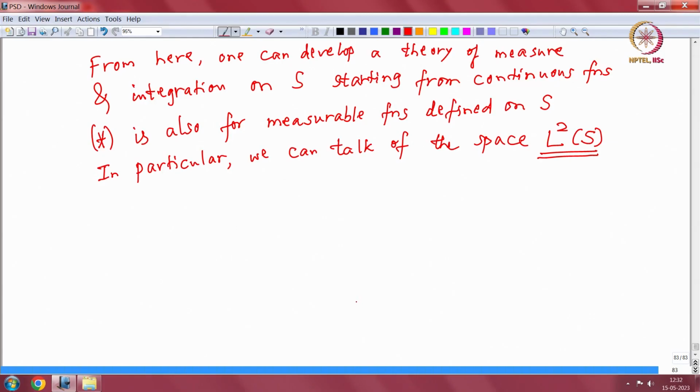From here one can develop further developments. These are important developments, and you can also find them in the current literature.